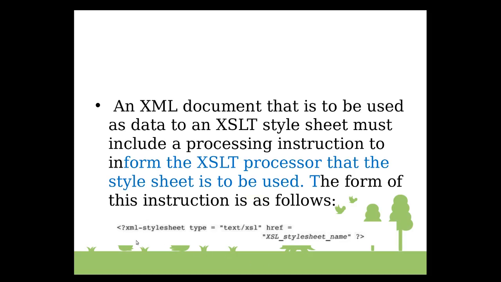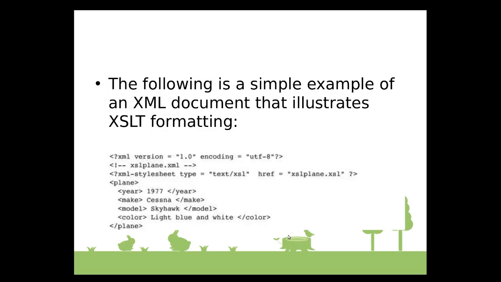Within the angle brackets and question mark, xml-stylesheet is the element used to specify that instruction, whose attribute is type, that is text/xsl, extensible style language, the document type, and this is the name of that file, which is the content of the href attribute.